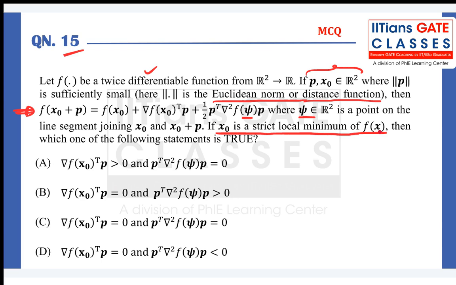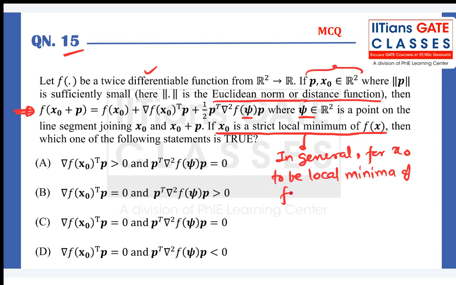Okay, so let's leave this kind of notation aside, because these are all matrix or vector forms of representation. But let's talk in general. In general, for x naught to be a local minima of f of x, there are two conditions that it needs to satisfy, right?